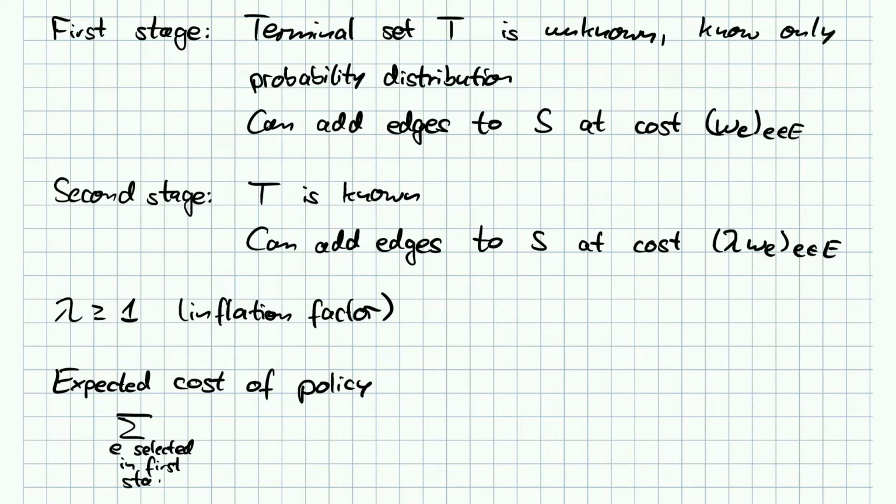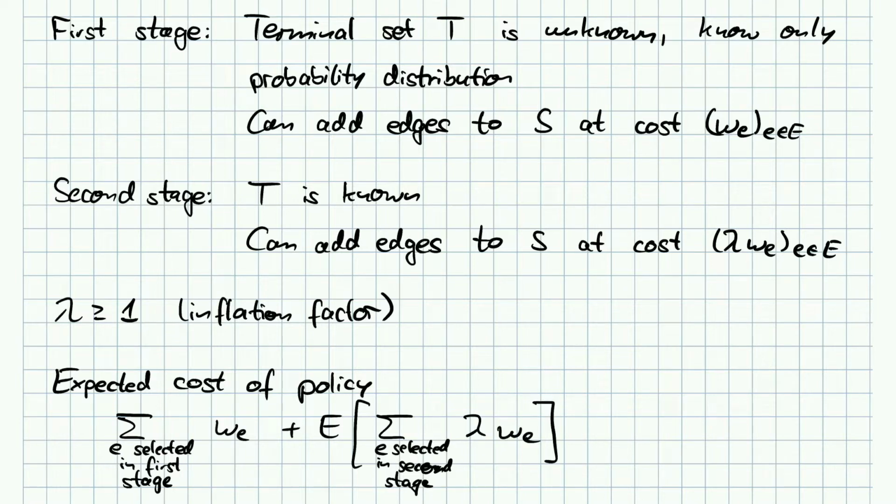Take the sum over all edges which are selected in the first stage, WE, plus the expectation of the sum over all edges which are selected in the second stage, and then we'll have lambda times WE.